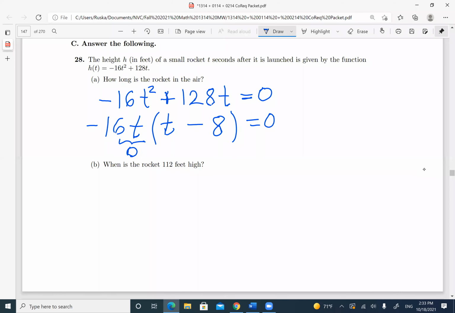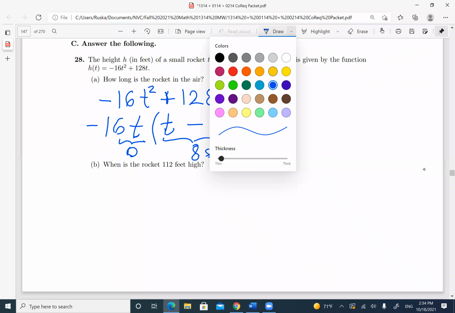If you remember for the functions where you throw a ball or something, rocket in the air, the number with no x, or no t, is the height, the starting point. So here, because there is no number, that means you throw the rocket from the ground. And then the second time when the rocket is on the ground is going to be at 8 seconds. So that means the rocket is going to be in the air for the whole 8 seconds.